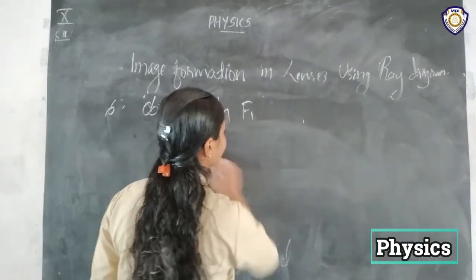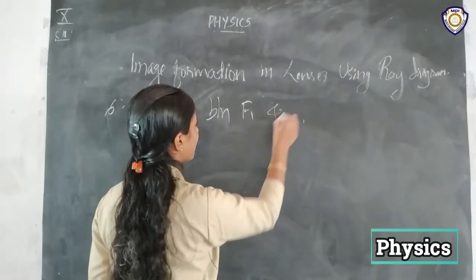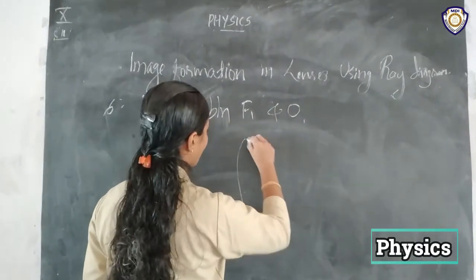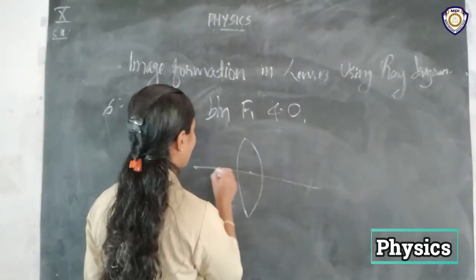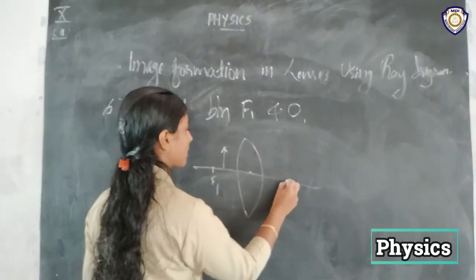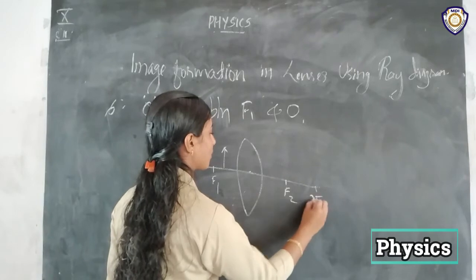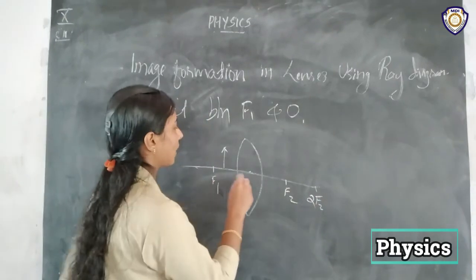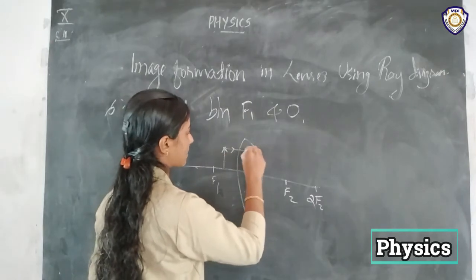So we can draw in between F1 and O. Here is O and here F1. This is the object, and here F2. Okay, so we can draw two lines.